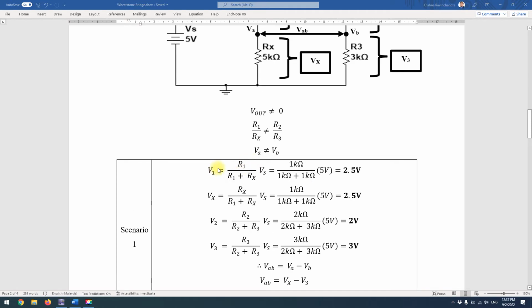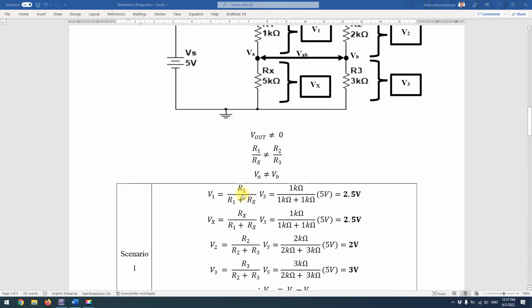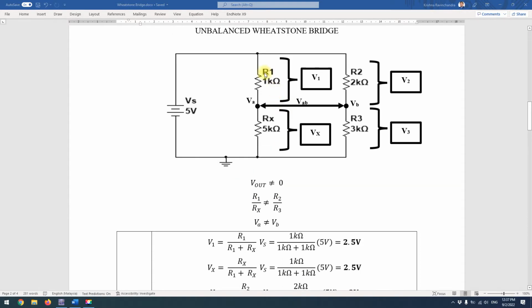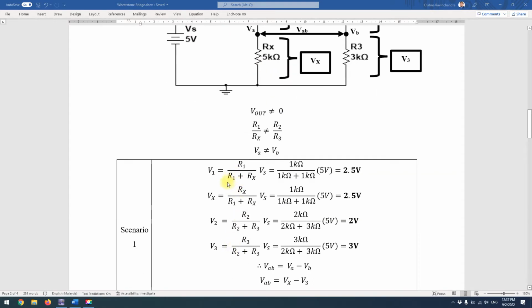Since we want to find the voltage at V1, we take the R1 value divided by R1 plus Rx. We are setting our potentiometer resistance at 1k for the first scenario, so our Rx is 1k.